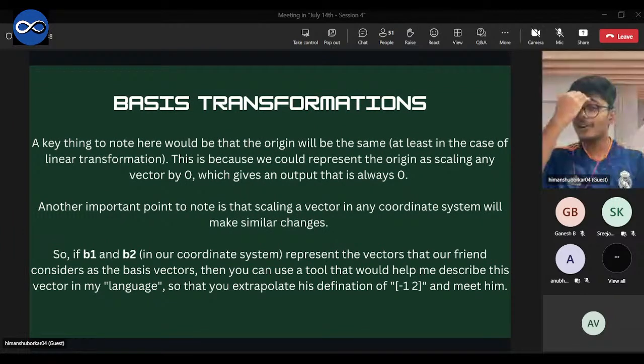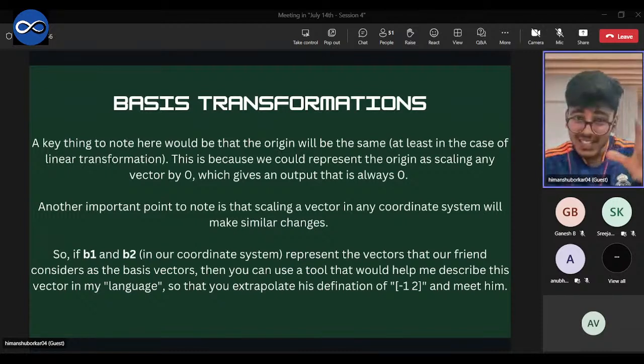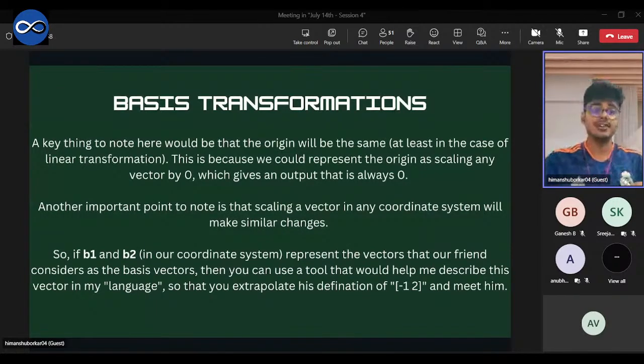Another important thing to note again here is that scaling the vector in any coordinate system will make similar changes. What I mean by this is that, as I told you, i cap and j cap are basis vectors, right? I could scale them and add them to form a vector. Similarly, b1 and b2 are the bases. So I could take the linear combination of b1 and b2 and get a vector, and it will have the same effect.